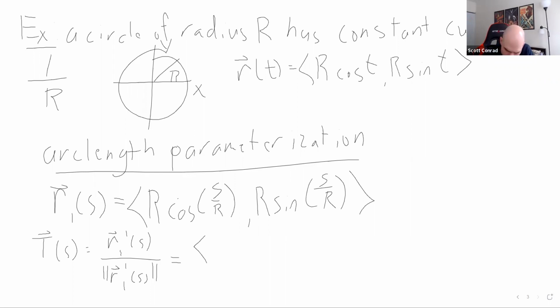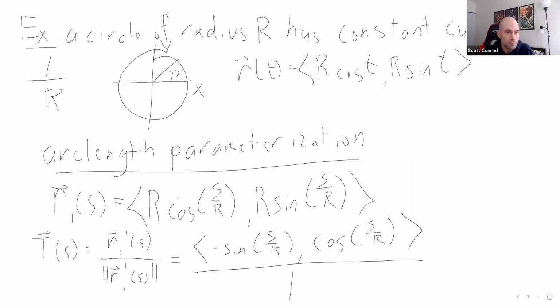Sorry, a negative sign. And then R sine S over R is going to become cos S over R. And by definition, we already know the magnitude of R prime is 1 by design because it's a unit speed parameterization, arc length parameterization. Okay, so that's our T.